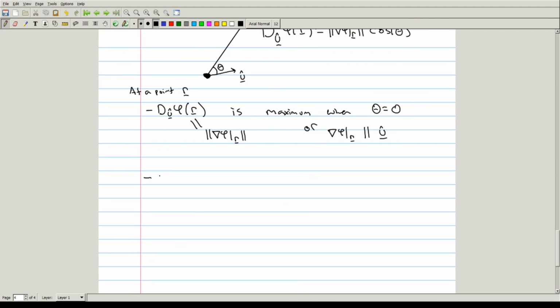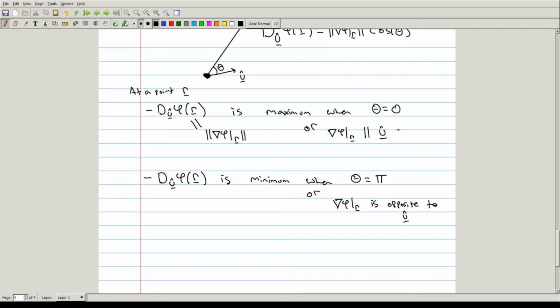Likewise, this formula tells us that the directional derivative of a scalar field phi is minimum when theta is equal to pi, or the gradient vector is opposite to u hat.